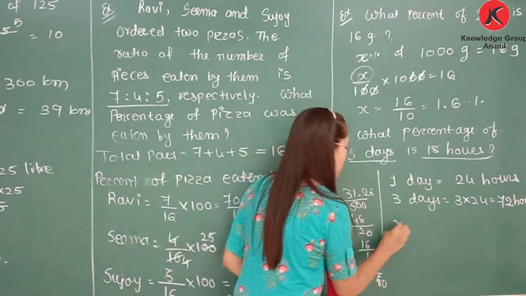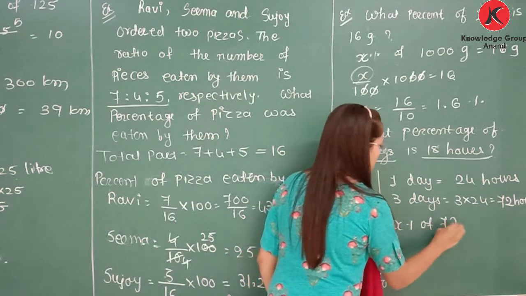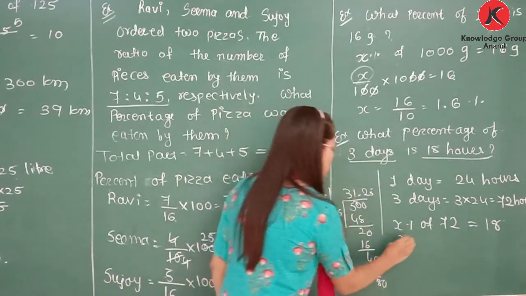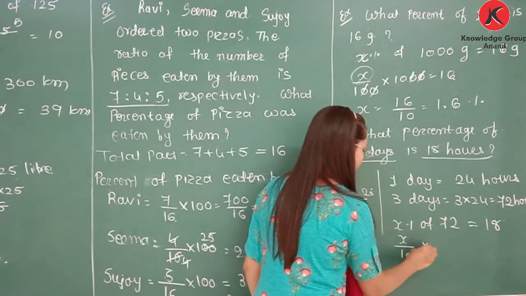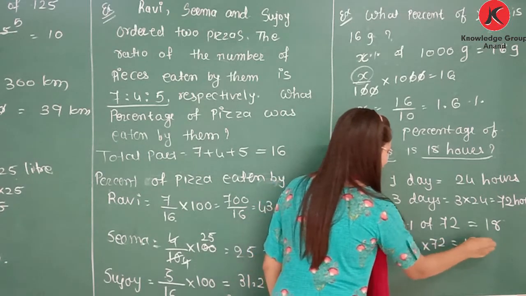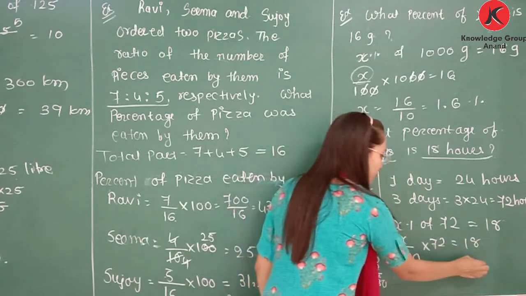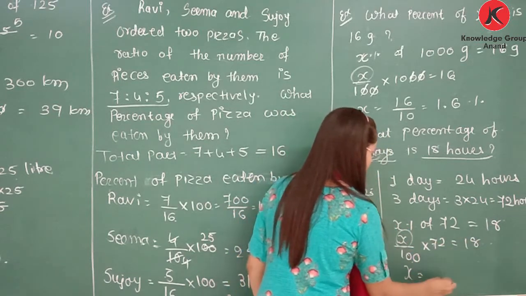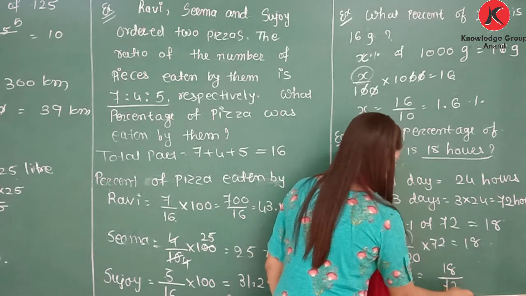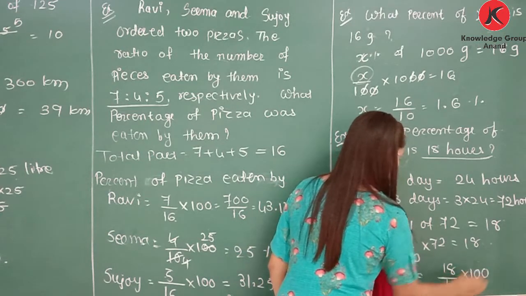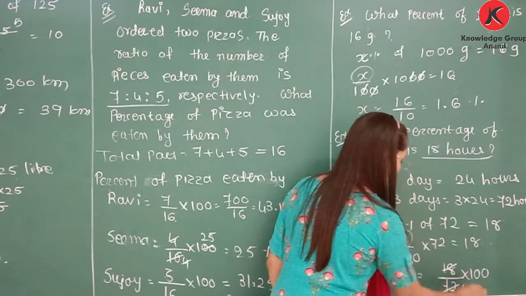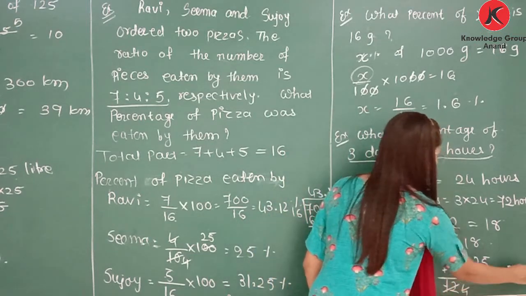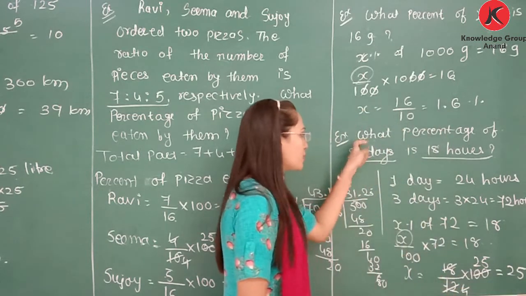So we can write x% of 72 is 18. We can write like this: x by 100 multiplied by 72 is equal to 18. Now 72 will be in a divide, 100 will be in a multiply. To find x, 18 4s are 72, 25 4s are 100, so it is 25%. 25% of 3 days.